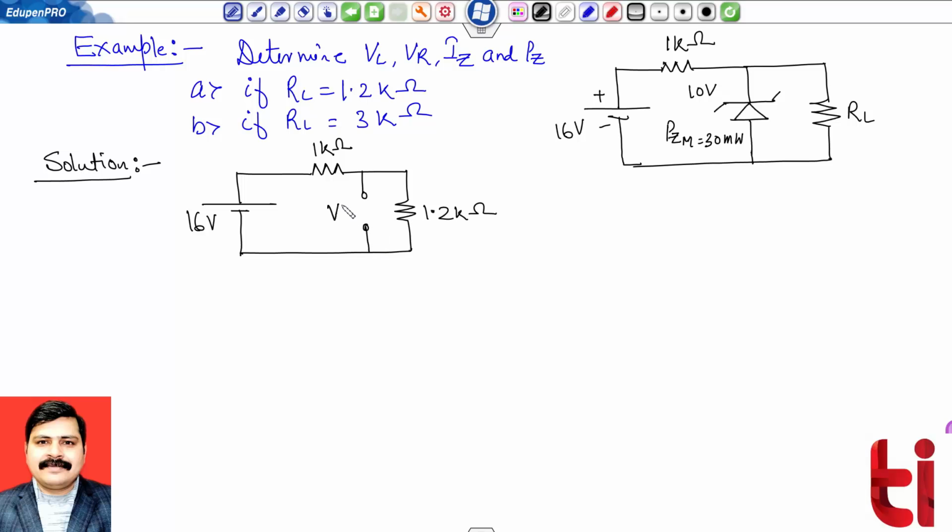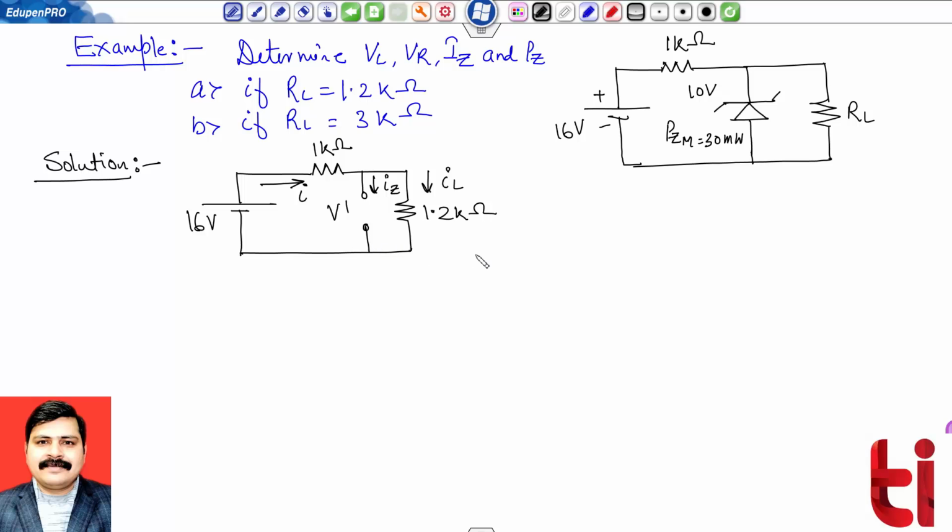Zener is removed, and as per our practice, taking voltage V dash, and in fact I am writing the current I. This current is IL, and this current is IZ.